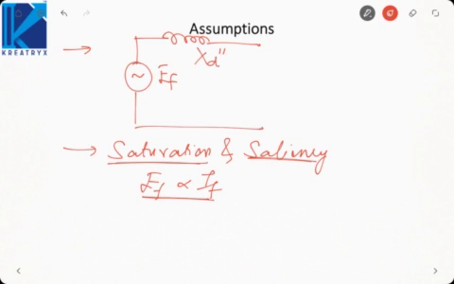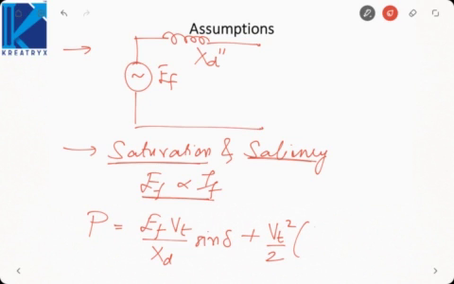Why neglect saliency? In a salient pole machine, what is the power expression? EF Vt by Xd sin delta plus Vt square by 2 times (1 by xq minus 1 by xd) sin 2 delta.